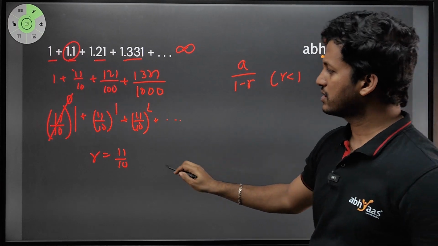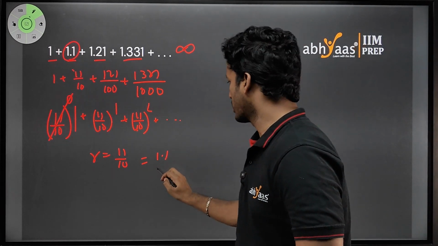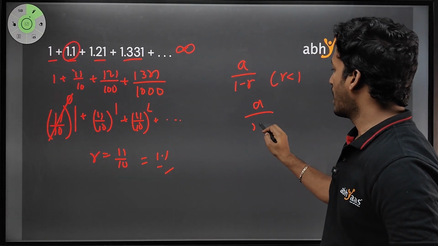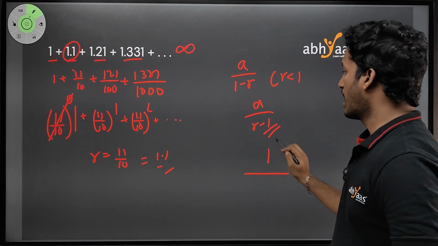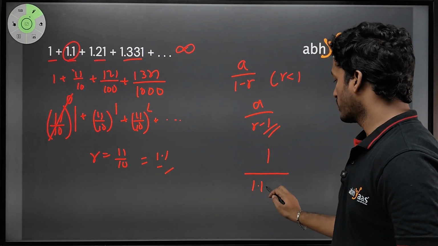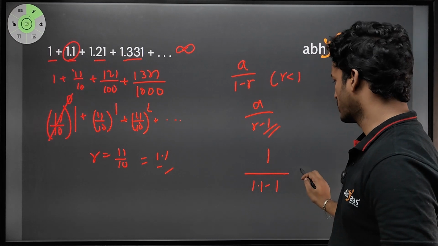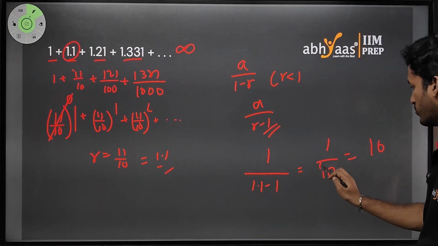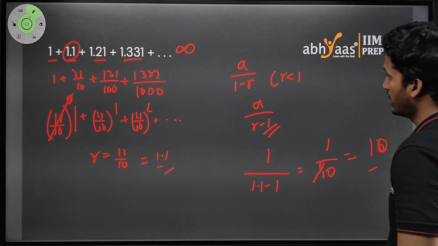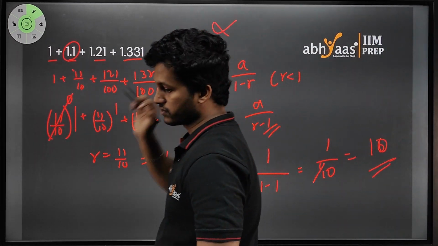But what is our r here? It is 11 by 10, that means 1.1. So a by r minus 1 would be the answer. If I apply that, a is 1, r minus 1 would be 1.1 minus 1, that is 1 by 10. And 1 divided by 1 by 10, the answer would be 10. But the answer is wrong.